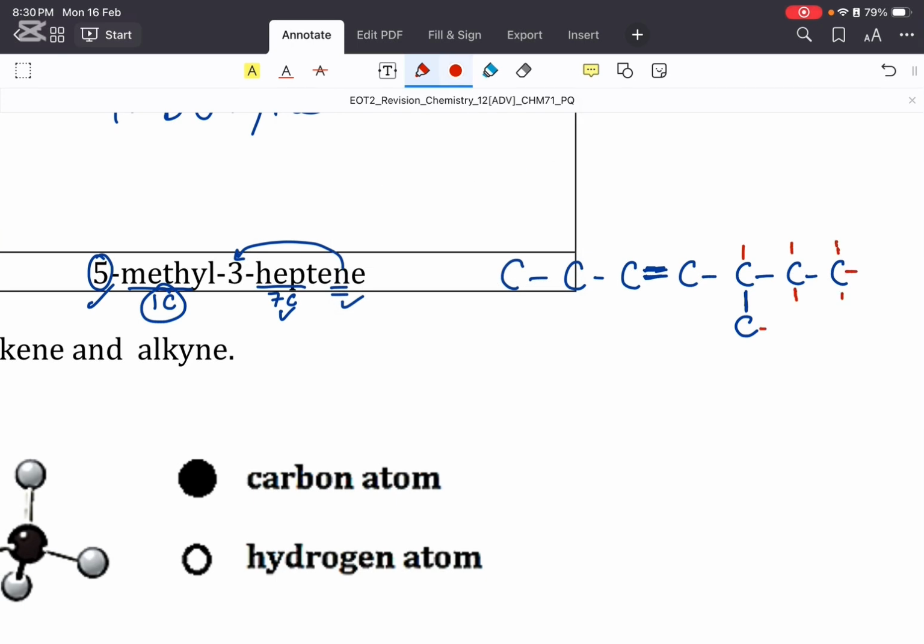The biggest mistake that students make is they draw the hydrogens before they finish. You have to keep the hydrogens till the end. There will be a mark for having the correct number of hydrogens.